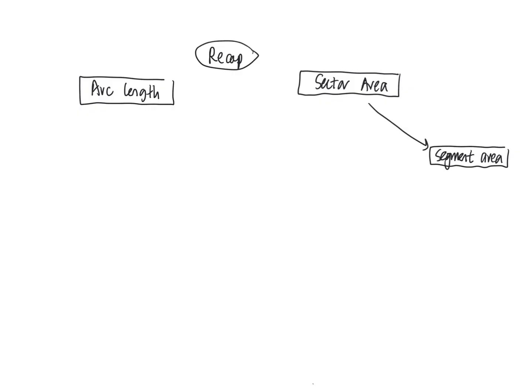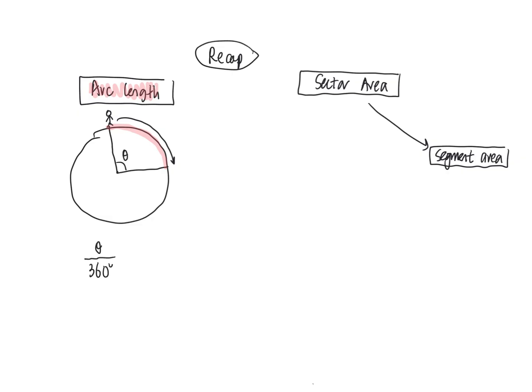So if you have a circle and you want to run from one point to the other, so this is the distance that is covered. This is called an arc length. So in order to find this length, you need the fraction of the circle that you run. So this is theta over 360, and then you multiply by 2 pi r.